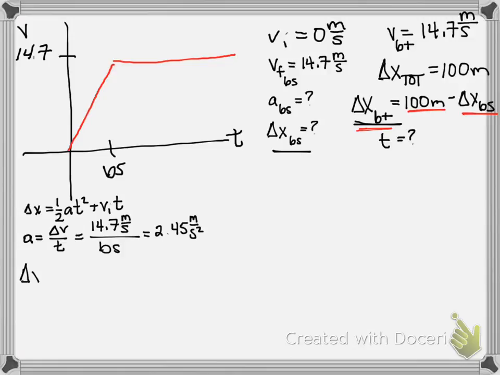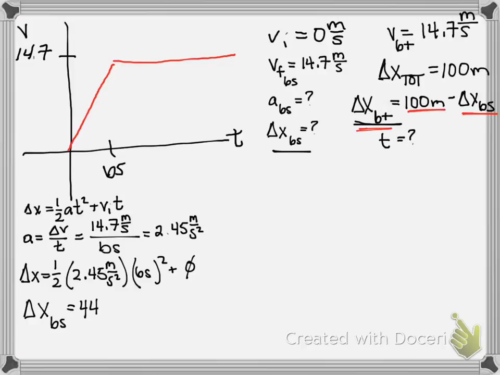So delta x equals 1/2 times 2.45 meters per second squared times t squared, 6 seconds squared, plus v initial t, where v initial was 0, so that's just canceling out on that next term. So solving this out, I get 2.45 times 36 divided by 2, and that means that in the first 6 seconds she covers a total of 44.1 meters, which is preposterous, but, you know, she's really fast.